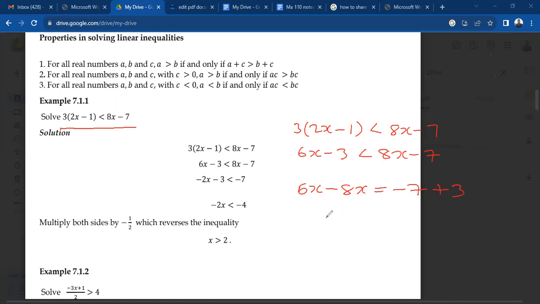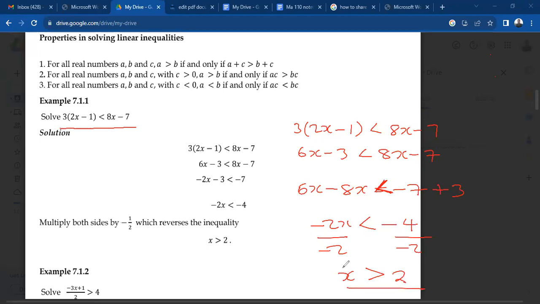Then 6x minus 8x will give you minus 2x, less than minus 4. Now remember, when you divide with a negative number, the sign changes, so it will be greater than. If it was a positive number, nothing will change, but when you multiply or divide with a negative number, the sign changes from less than to greater than, and that will be 2.